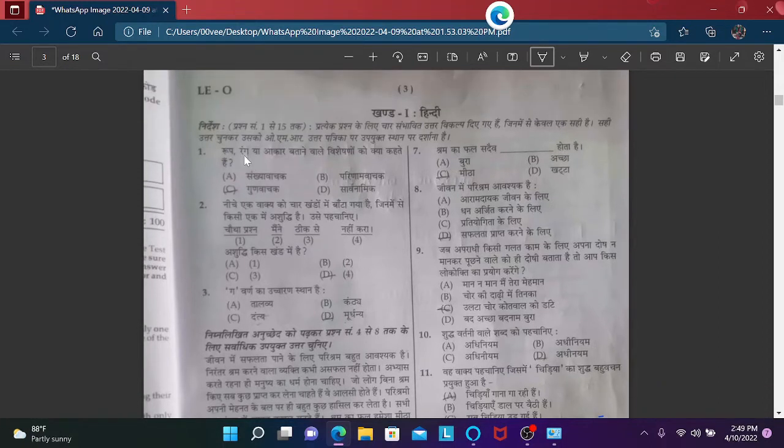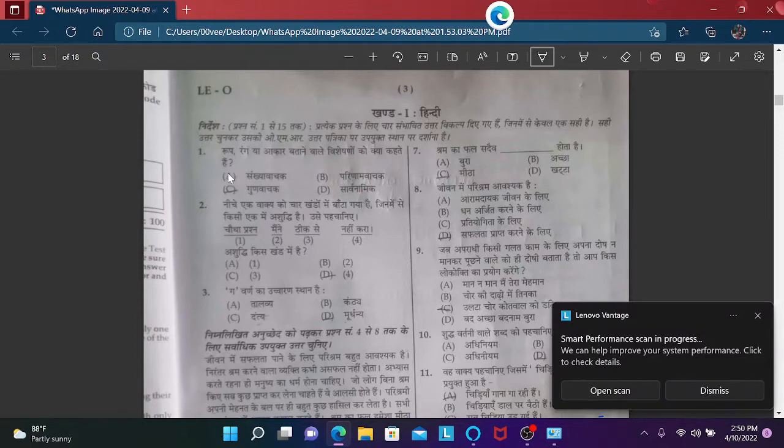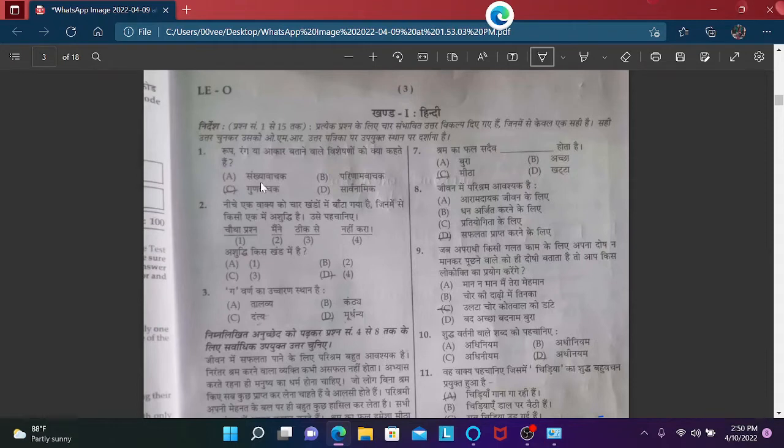First question: रूप, रंग या आकार बताने वाले विशेषणों को क्या कहते हैं? The correct answer is गुणवाचक. Okay. Next, नीचे एक वाक्य को 4 खंडों में बांटा गया है, जिनमें से किसी एक में अशुद्धि है, उसे पहचानिए. 14 प्रश्न मैंने ठीक से नहीं करा.